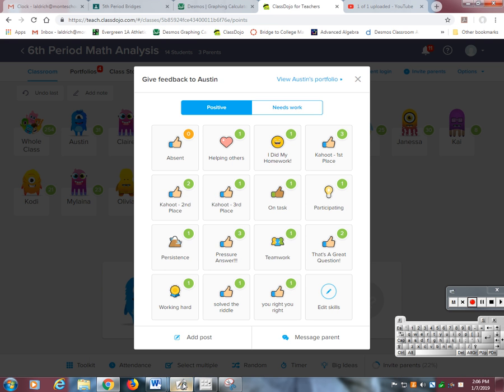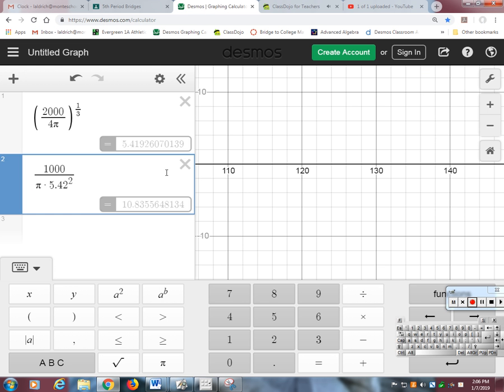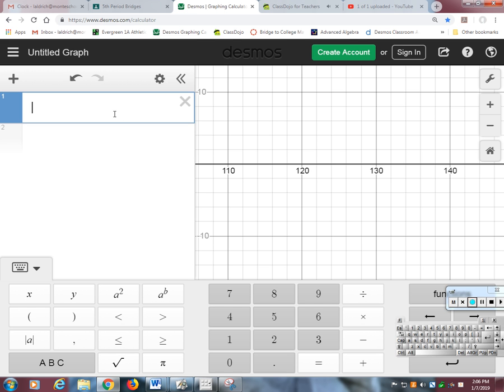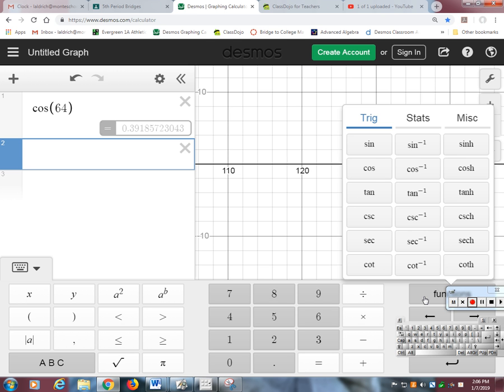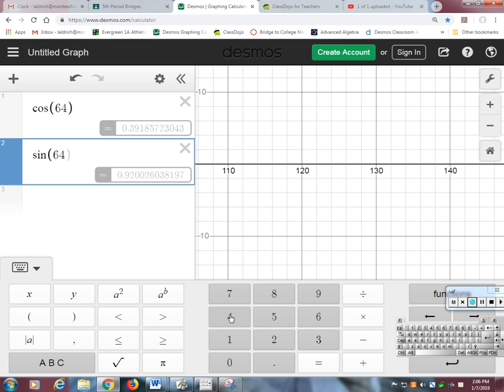So you just broke math. Okay, let's make sure you got the individual values. So cosine of 64, did you say 0.39 for cosine of 64? So do cosine 64 again. Maybe I didn't change it to radians. I mean degrees, sorry. Oh, I'm in radians.